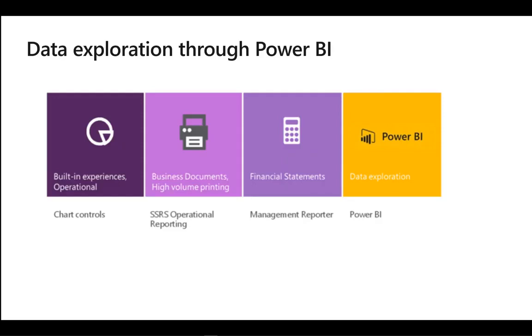We use SSRS for document-style reports. All investments in SSRS integration focus on document generation and print scenarios. Microsoft uses Power BI in Dynamics 365 for Finance and Operations for all non-document reports, or reports that don't have to be printed, where we want to embed them.